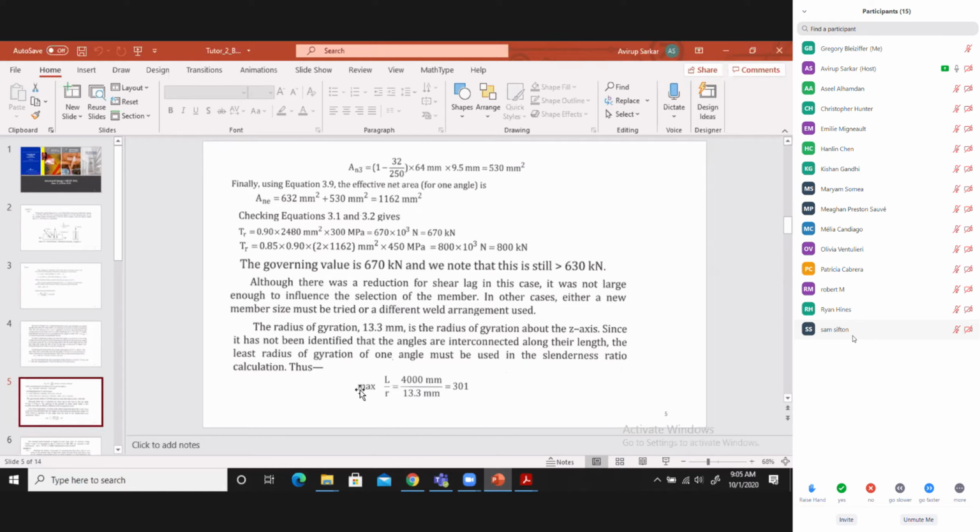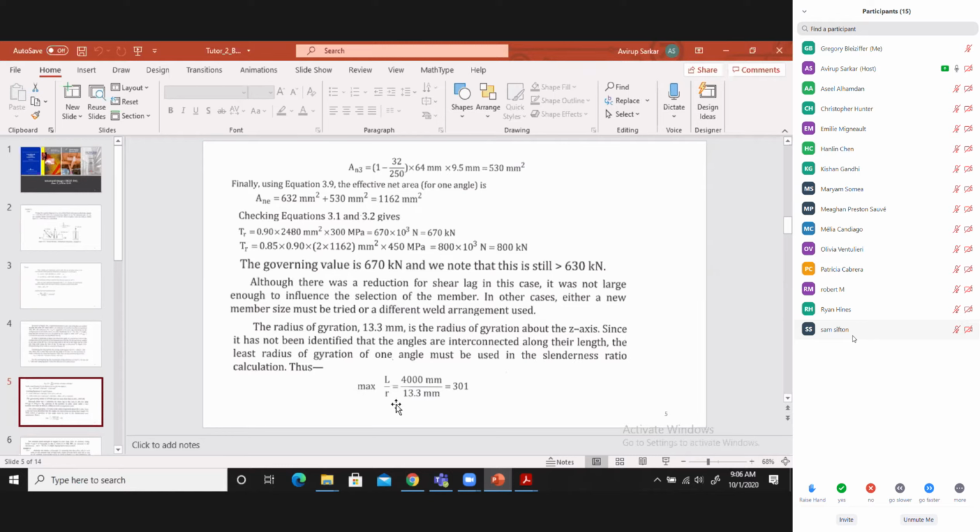In steel sections, the more slender the section becomes, there are more chances of buckling, local buckling failures. That is why we always calculate the maximum slenderness ratio, maximum L by R ratio, and for that reason we choose the minimum R, that is the minimum radius of gyration.